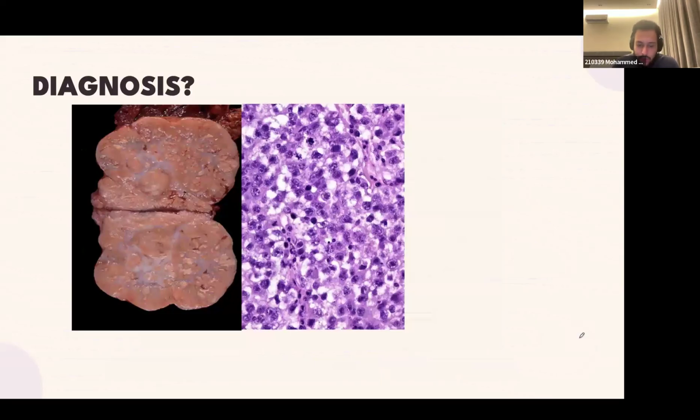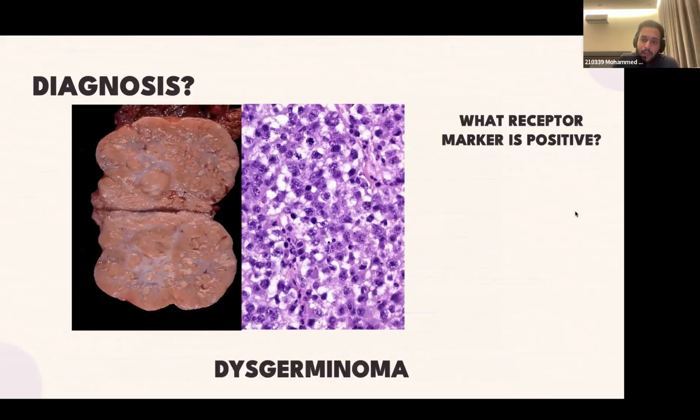Now we go into the other germ cell tumors. What does this patient have? This is the exact same as a male seminoma. Dysgerminoma, excellent, good. Now, what receptor marker is it positive for?